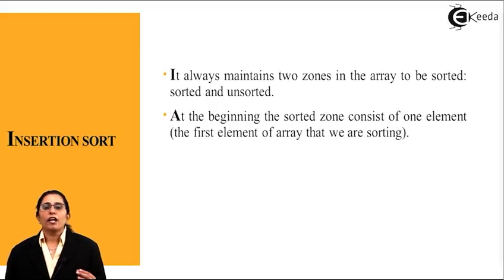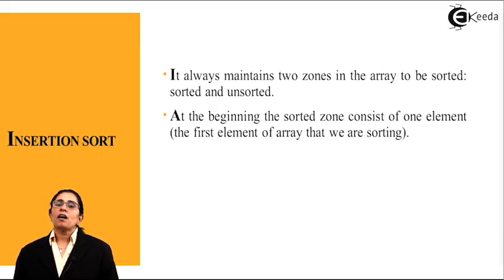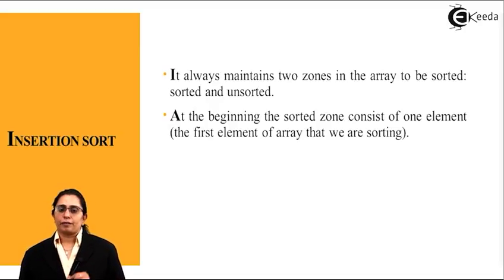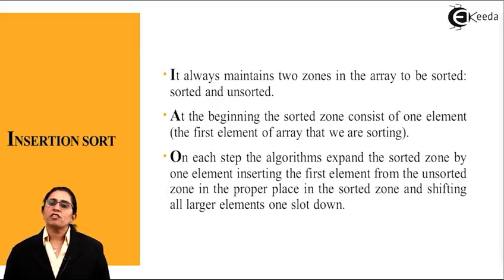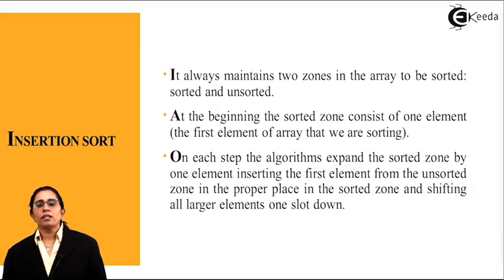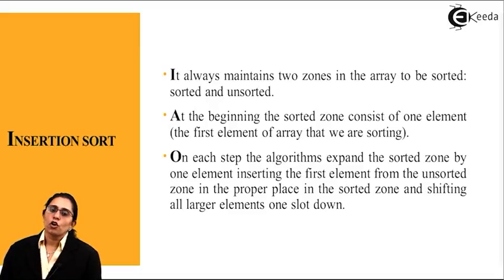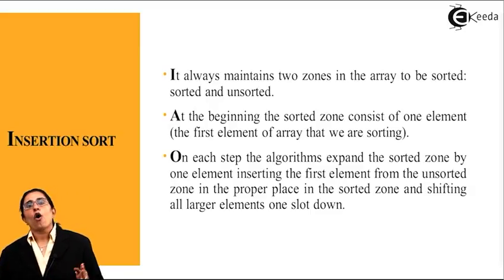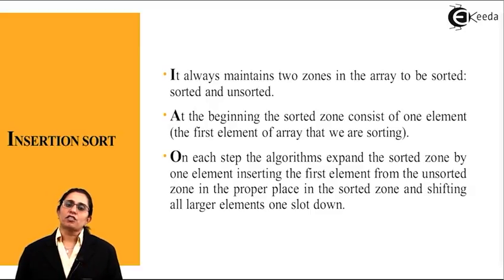As we will see in all these internal sorting algorithms, the first element is always considered as the sorted list from the complete unsorted list of array. On each step of the algorithm, we expand the sorted zone by one element, inserting the first element from the unsorted list into the proper place in the sorted zone and shifting all the larger elements one slot down, that is the unsorted way.